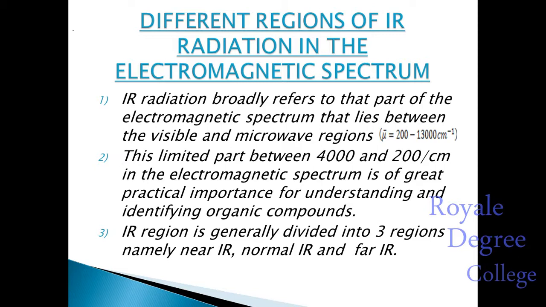This limited part between 4,000 and 200 per centimeter is of great practical importance for understanding and identifying organic compounds. The infrared region is generally divided into three regions, namely near infrared region, normal infrared region, and far infrared region.